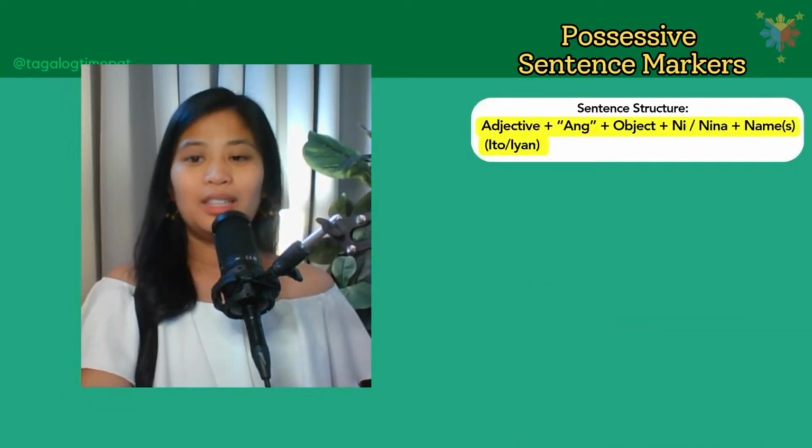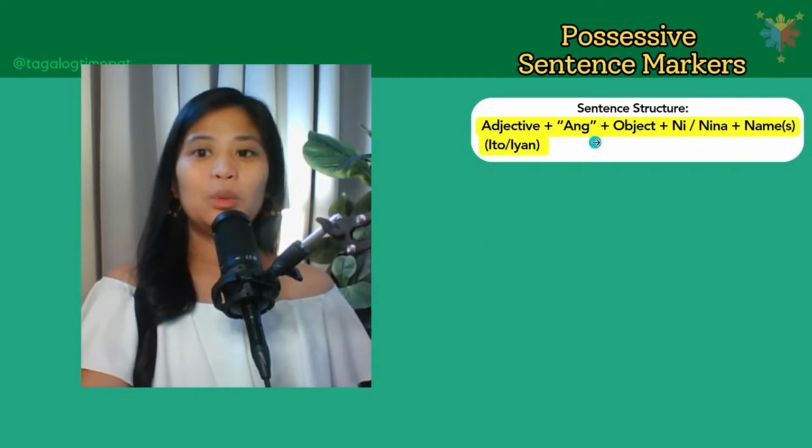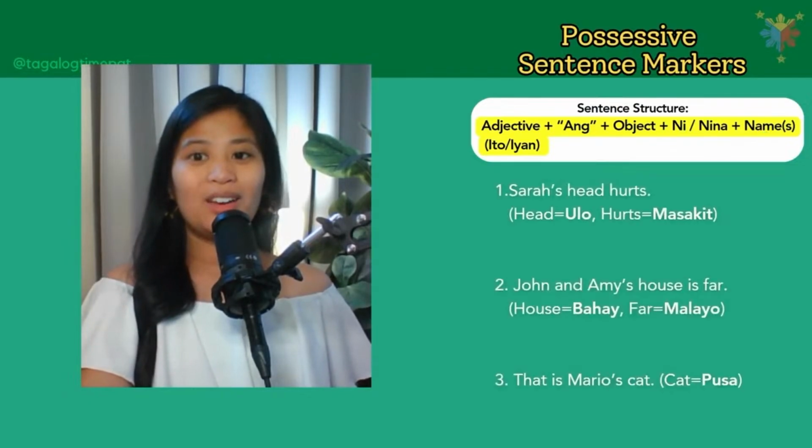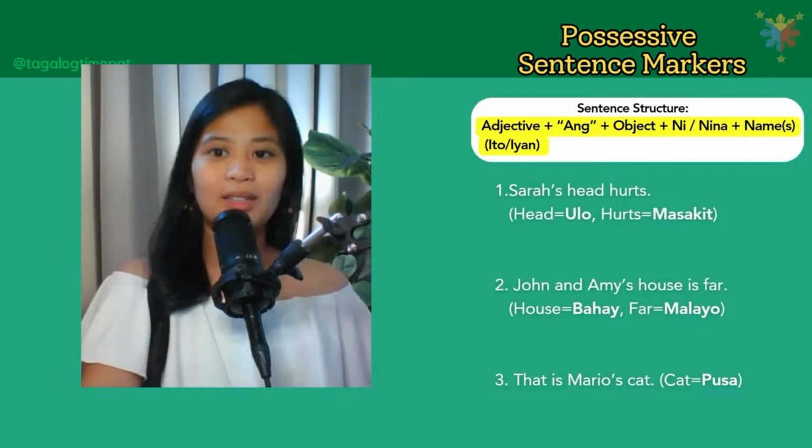All right, so this is that sentence structure I was just talking about. It's the adjective, plus the word ang, then the object, then ni or nina, and then the names go at the end. So here are some examples. Let's do number one together. Sarah's head hurts. Head is ulo, hurts is masakit. So let's just follow this sentence structure.